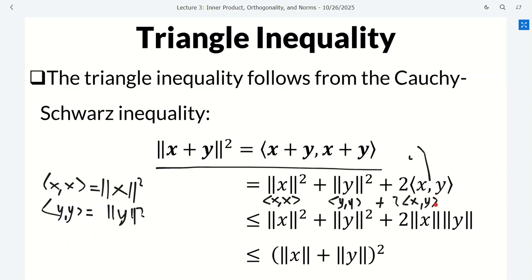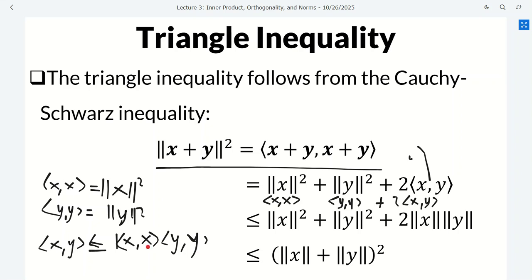Okay, so if you look at this, we saw this inner product of x comma y, if you want to follow the Cauchy-Schwarz inequality, it is even less than, sorry, less than this, and y, like this, right?